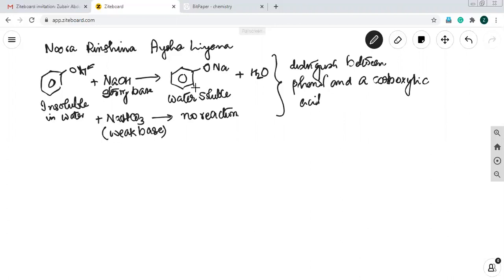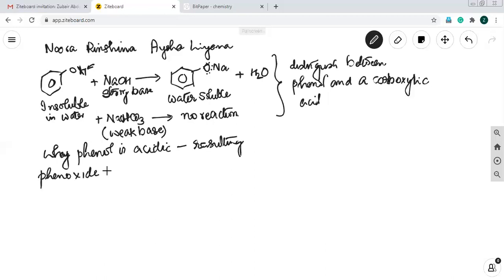That we have already described. See here, this phenoxide anion can be stabilized by resonance. Why phenol is acidic? The reason is the resulting phenoxide anion is stabilized by resonance.